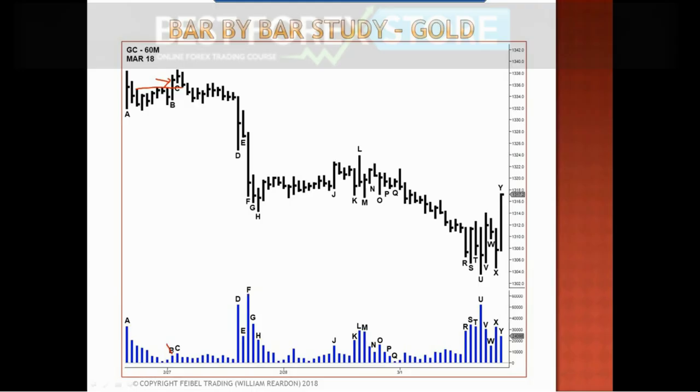However, the force, as in the volume, is not strong. And also, the drive to B, volume declines. So we'd say this is buying of poor quality up to B. However, we do break, closing firm, a small spike in volume.